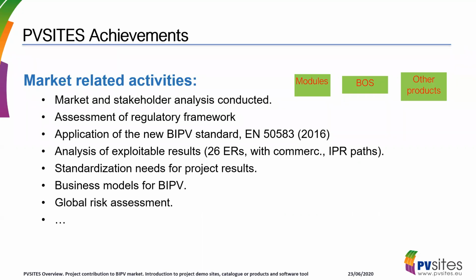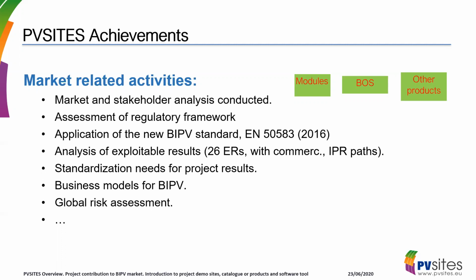We analyzed, and by that time, there was a new standard for BIPV, which was this 5583. So for the first time, we have applied this standard to BIPV products within the project. We identified exploitable results coming from each partner and analyzed the different commercialization roadmaps and the paths for protection of the IP.